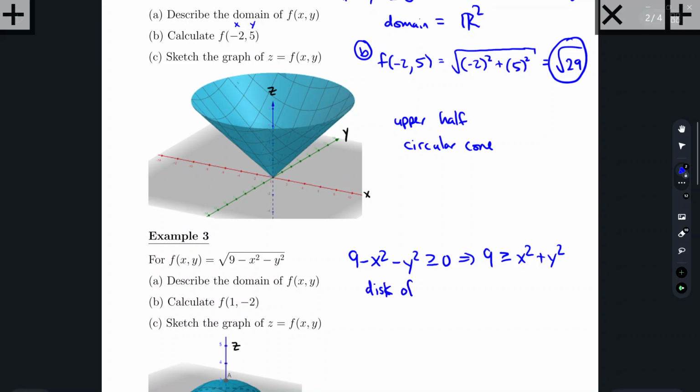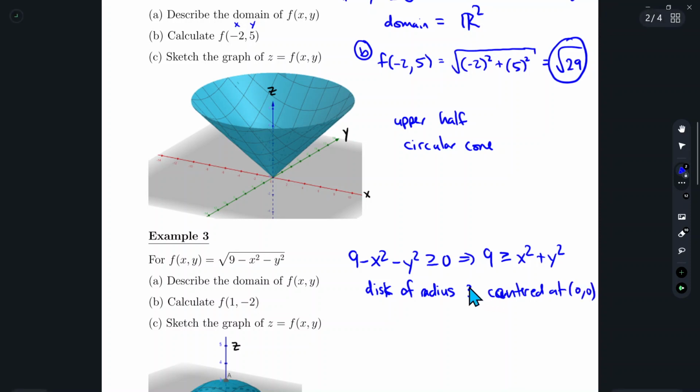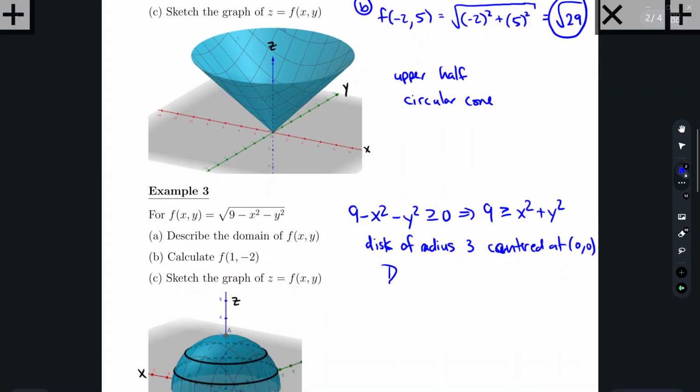So a disk of radius 3, centered at the origin. The set notation is to denote it as all pairs x, y, such that x squared plus y squared is less than or equal to 9. Okay, so that's the domain.